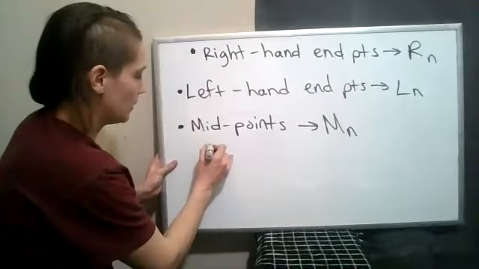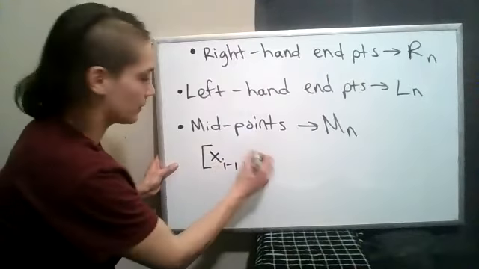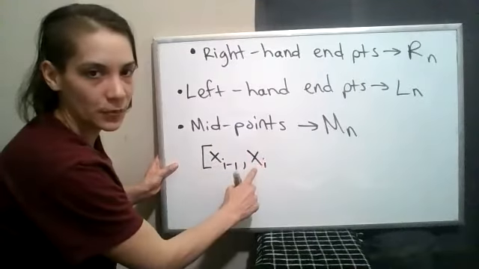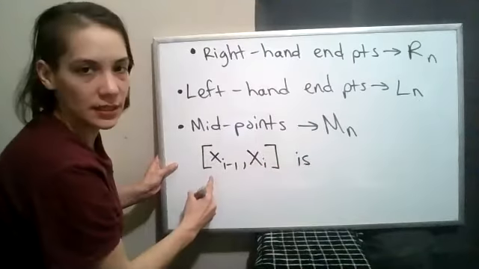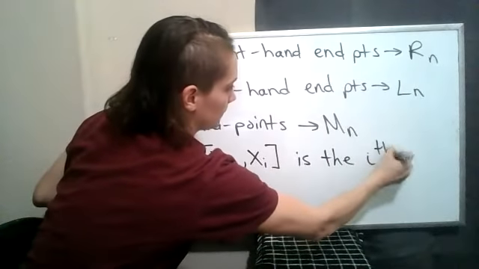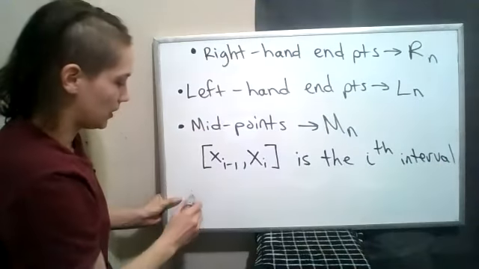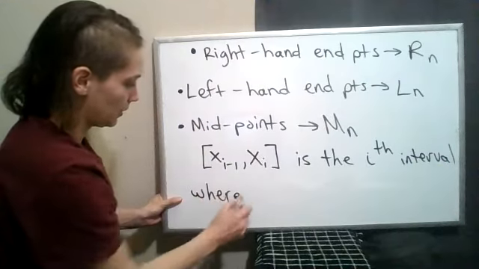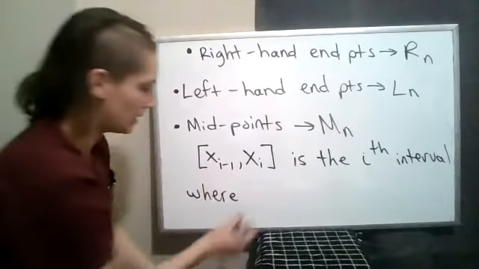So if you go from an interval that contains x sub i minus 1 and goes over to x sub i and includes that endpoint with a square bracket, this is called the ith interval, where we want i to go from 1 to n.